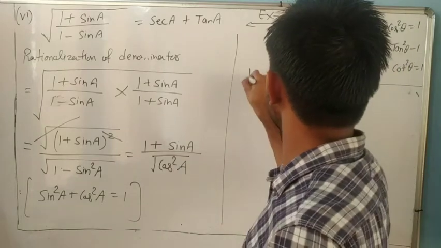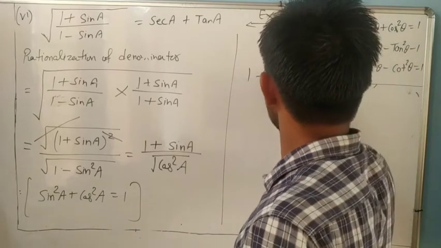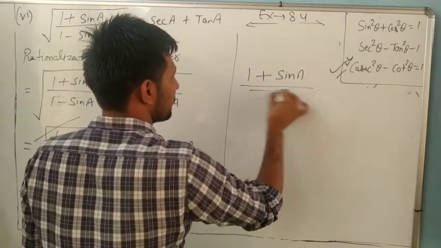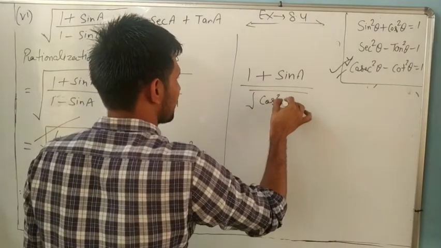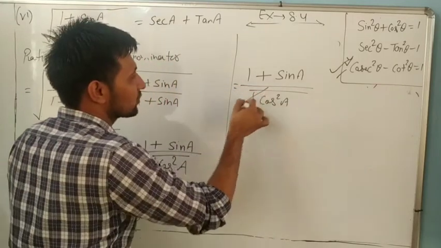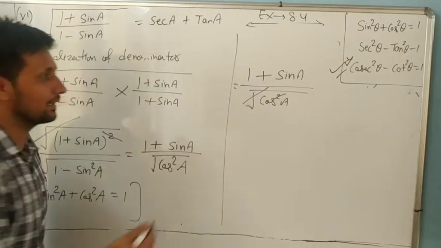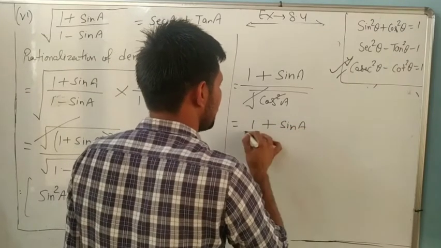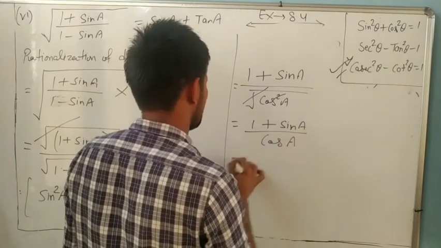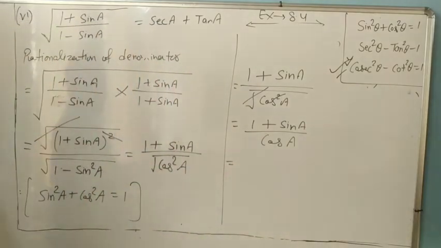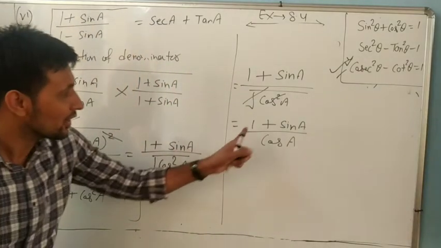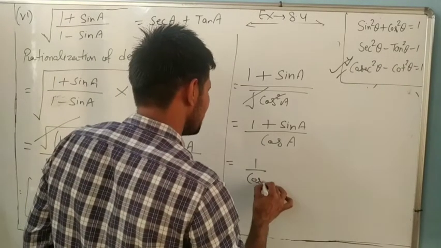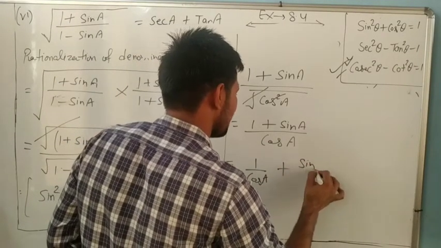Now 1 plus sine a upon, under the root, cos square a. Now again, can we cut the square root with the square? Yes, again cut. So it means 1 plus sine a divided by cos a. But our answer is in the second form. What will we do? It means 1 by cos a, and sine a divided by cos a also.